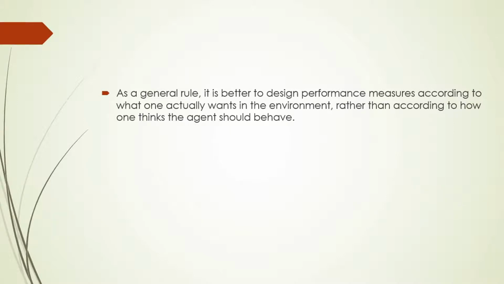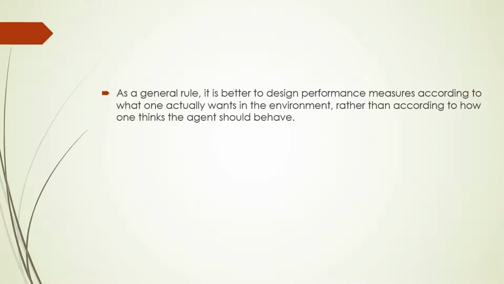So the general rule that was drawn up was that it's better to design performance measures according to what one actually wants in the environment, rather than according to how one thinks the agent should behave.